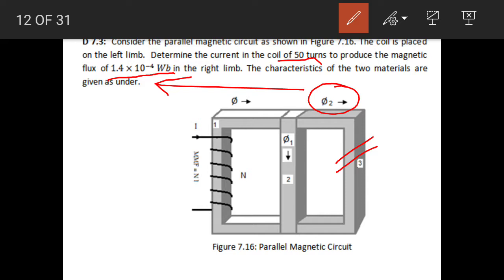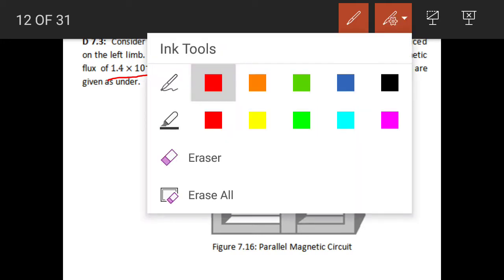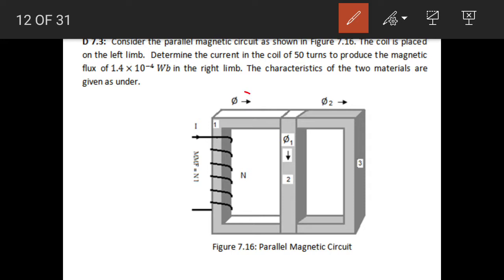The characteristics of the three materials are given. So you see the total magnetic flux in this particular circuit is phi Weber.